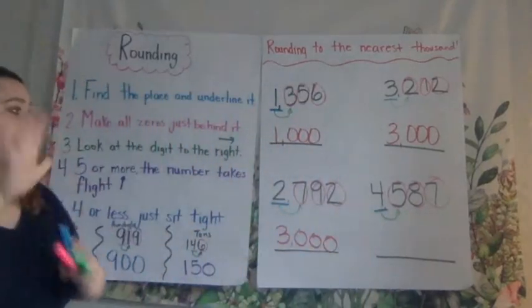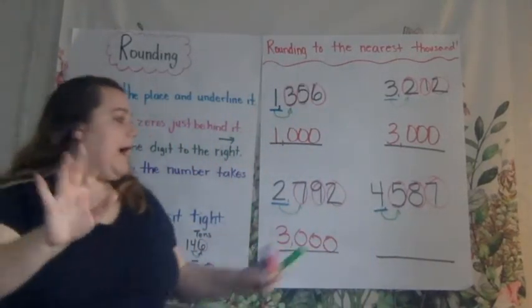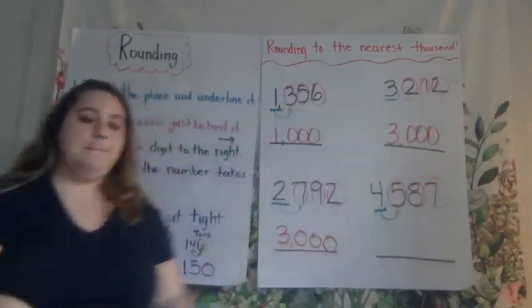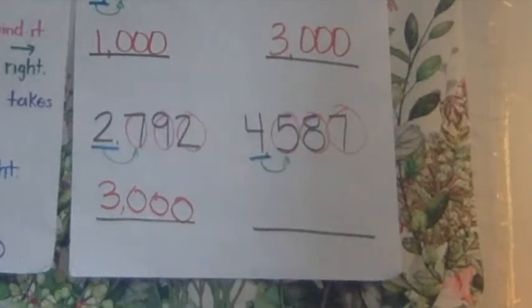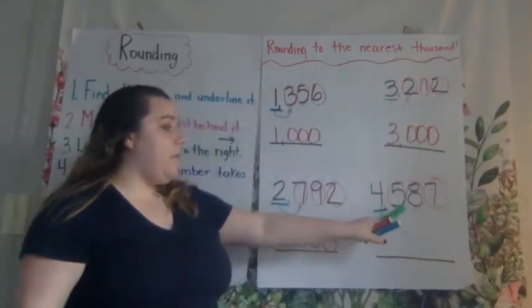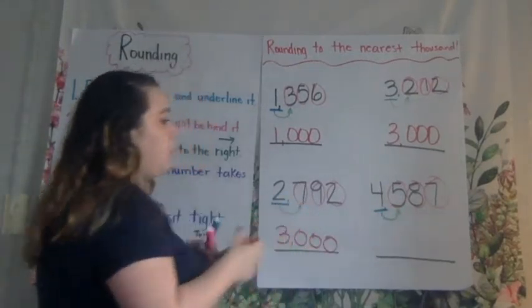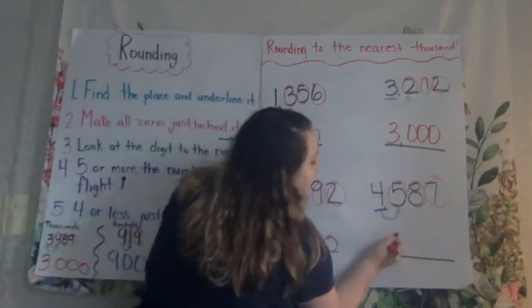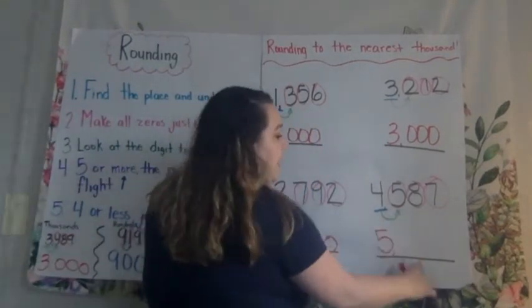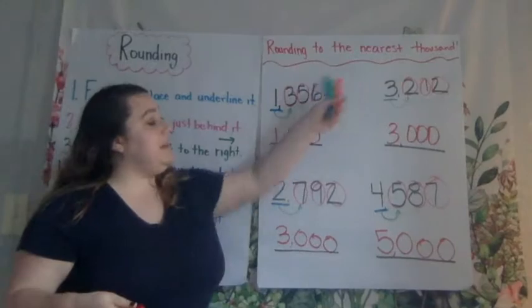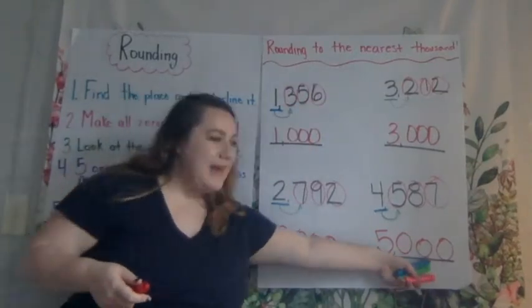All right, I see a 5. With the number 5, is my 4 gonna take flight or is it gonna sit tight? It's gonna take flight because this is 5 or more. So now my 4, I add 1 more. What's 1 more than 4? 5. And then I just bring down my zeros. So 4,587 rounded to the nearest thousand is 5,000.